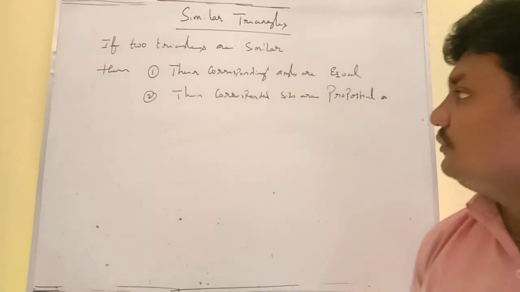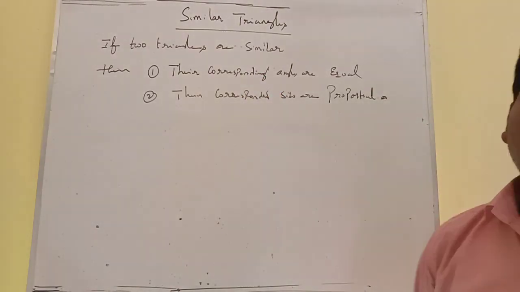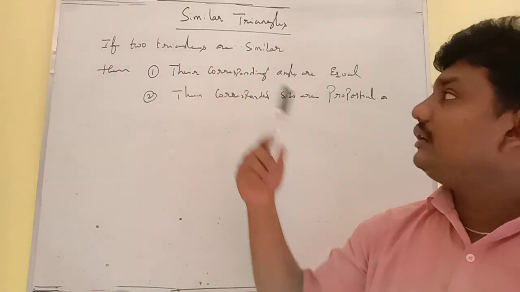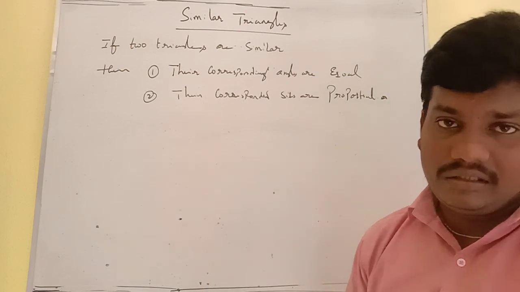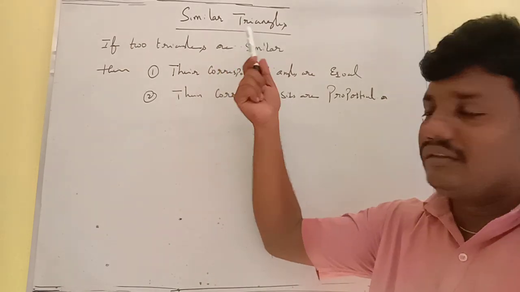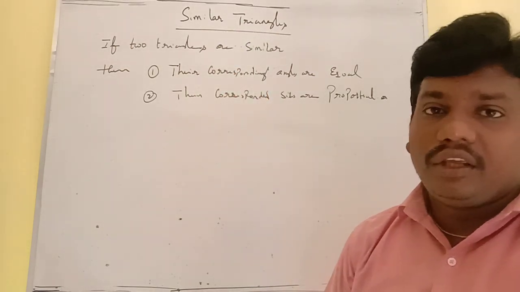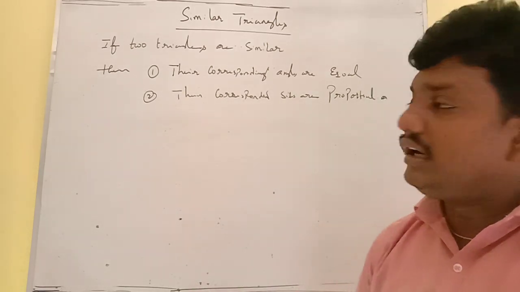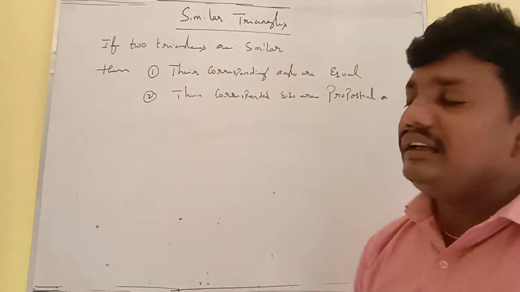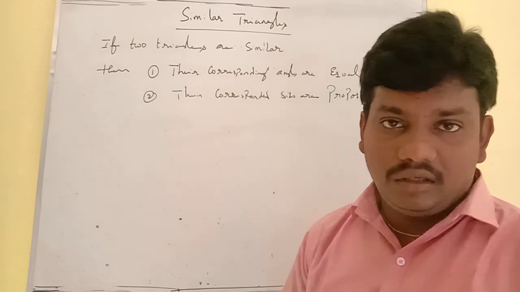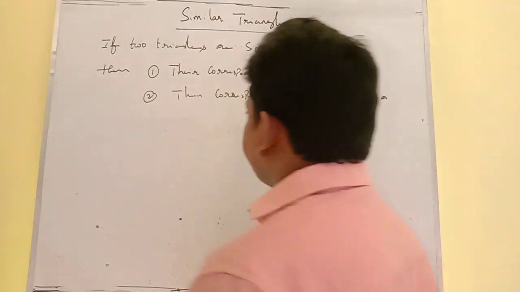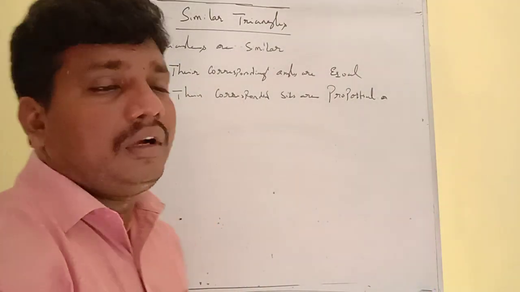So these are the two very important conditions. These are called properties of similar figures or similar triangles. Whatever it is, triangles or figures or polygons, if any two figures are similar, their corresponding angles are equal and corresponding sides are proportional.